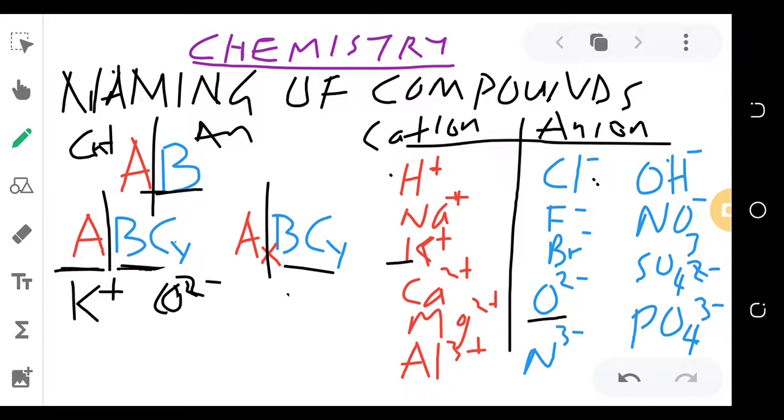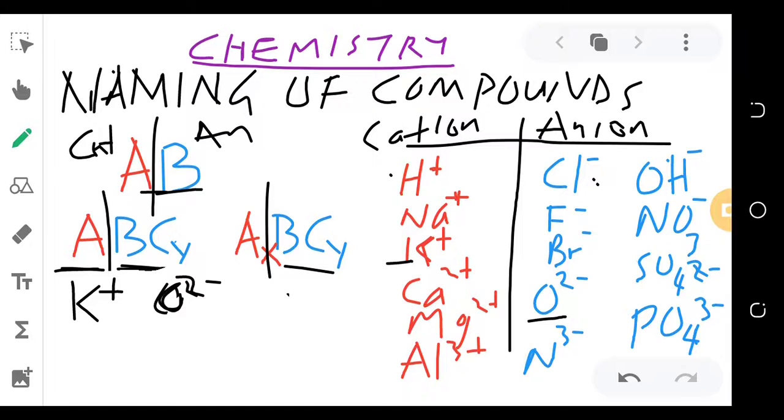Now in this case, they have opposite charges that are not equal. So there's what we call exchange of valency.